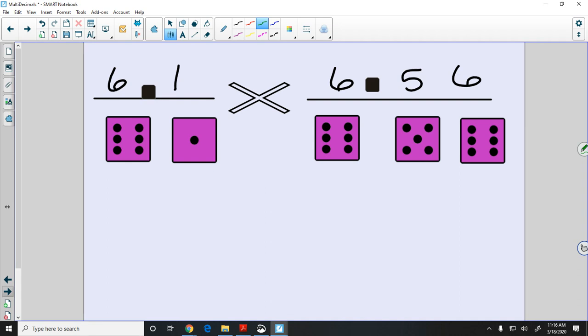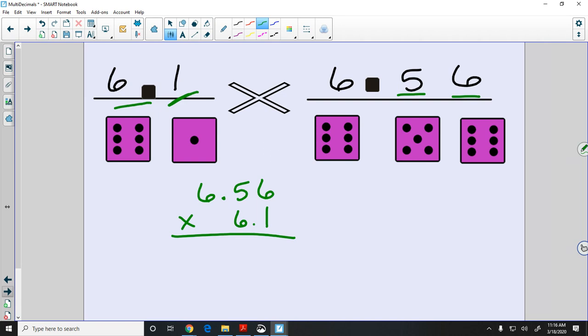How many numbers do we have in this one? 1, 2, 3. There's 3 numbers here, and we have 1, 2 numbers here. The factor with the most numbers I put on top. So I'm going to put 6 and 56 hundredths on top and 6 and 1 tenth on bottom.